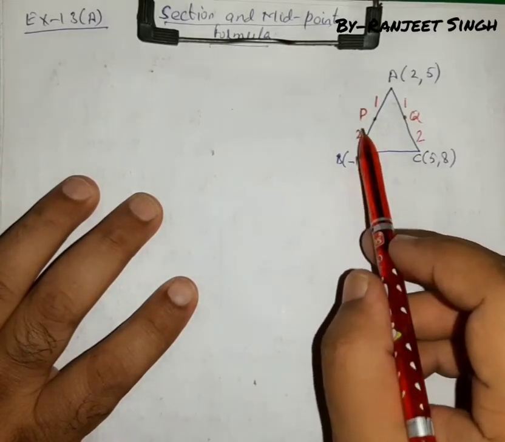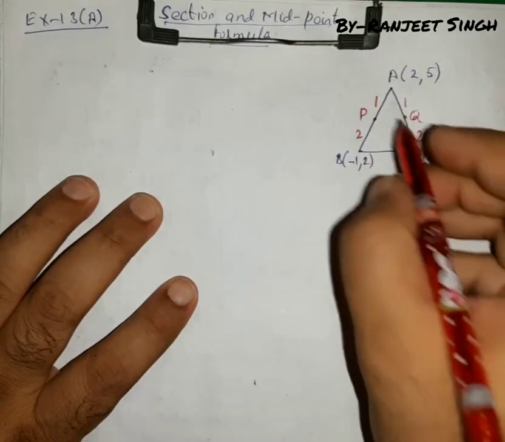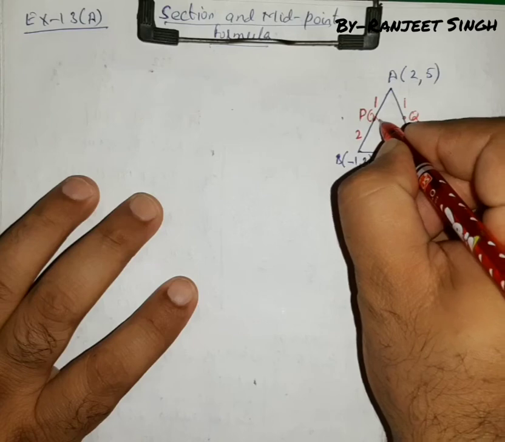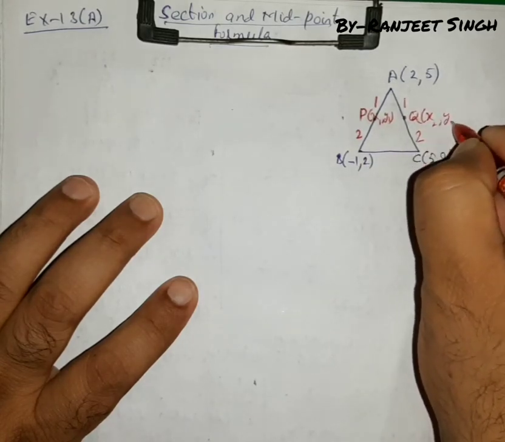We have to find the coordinates of P and Q. So let the coordinates of P be (x1, y1) and coordinates of Q be (x2, y2).